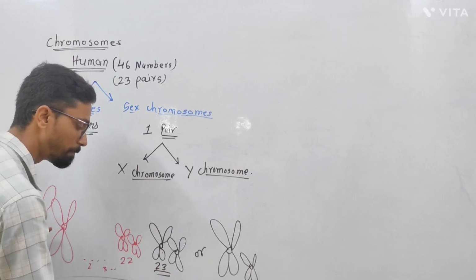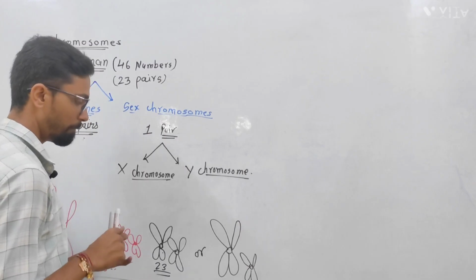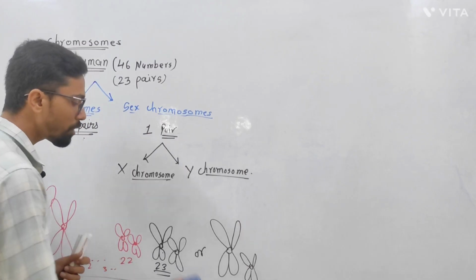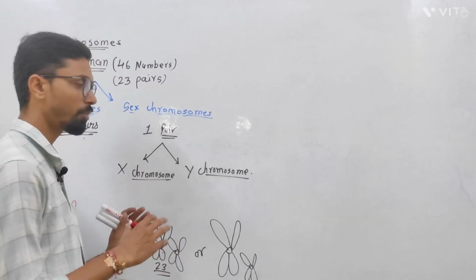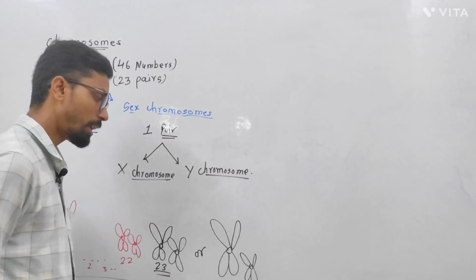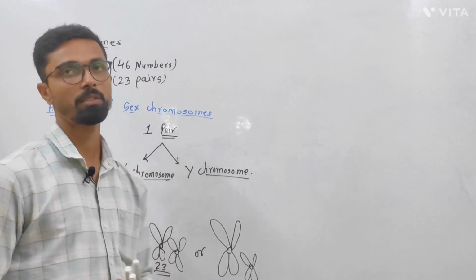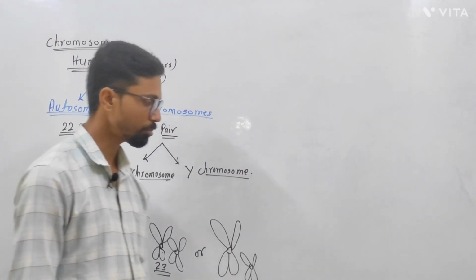The same size pair becomes female, and here it becomes male. So we need to understand how the chromosomes transfer from parents to offspring and how they get the sex, or you can say gender, of that child.